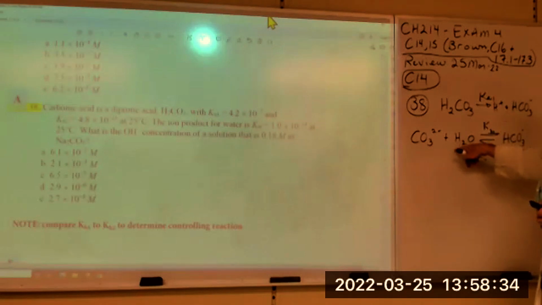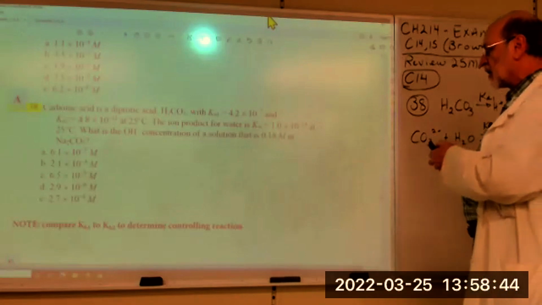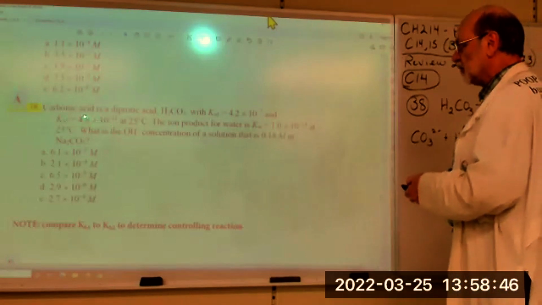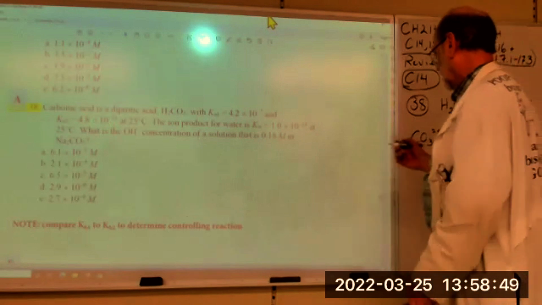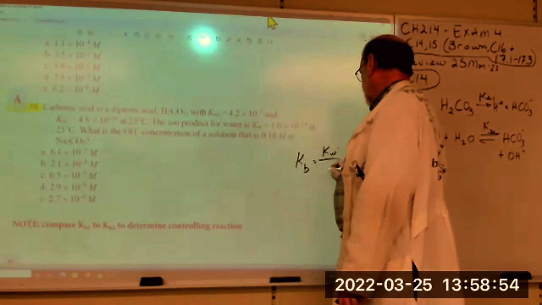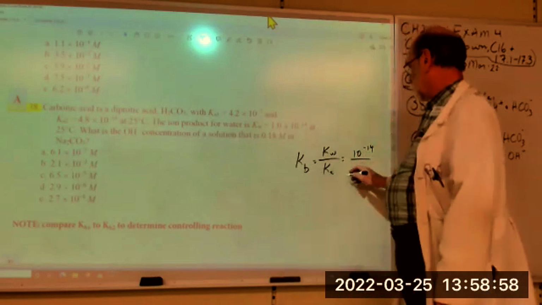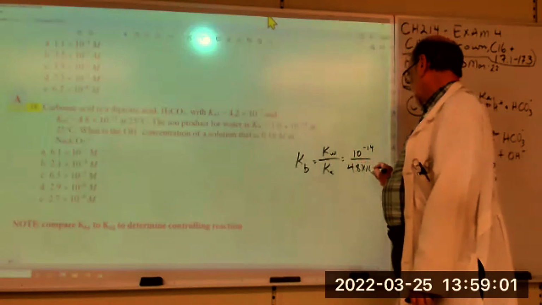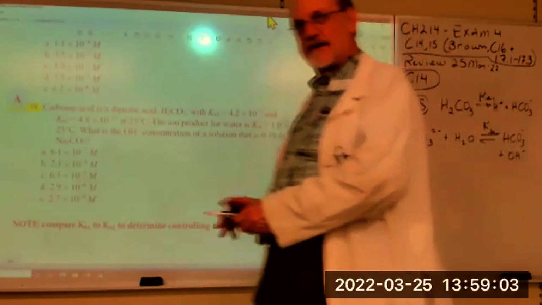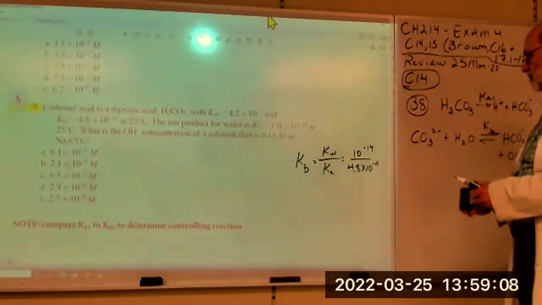You can tell because water is a reactant and the proton is transferred over. So what's the Kb for this reaction? Well, we need to go to the Ka2 and find out what the Kb is. So the Kb is going to be Kw divided by Ka, which is 10 to the minus 14 divided by 4.8 times 10 to the minus 11. So that's the equilibrium constant for this reaction.